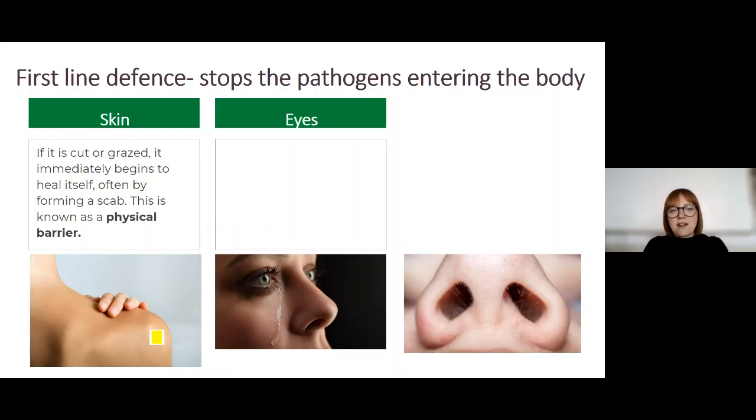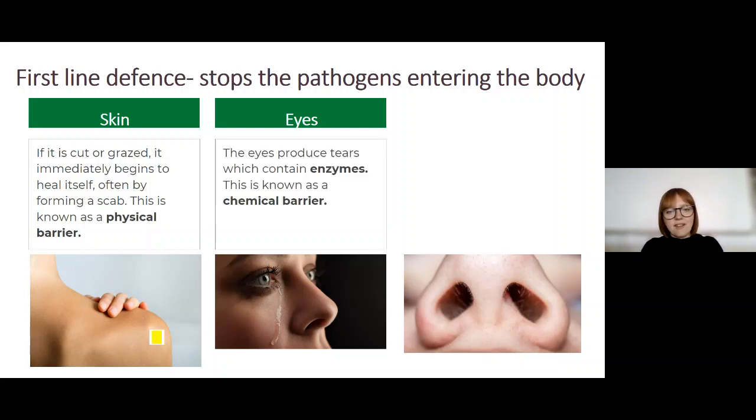Second one then, as we know, the eyes are one way that they can get into our body. If we look at the picture there, if anything gets into our eyes, they start to water, and that is our eyes actually producing tears. Now, tears contain an enzyme, and that enzyme can try and prevent bacterial growth from happening inside our eyes.